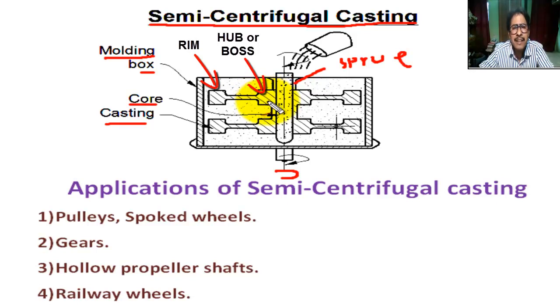Hub means this is the pulley hub section. This is the rim section.